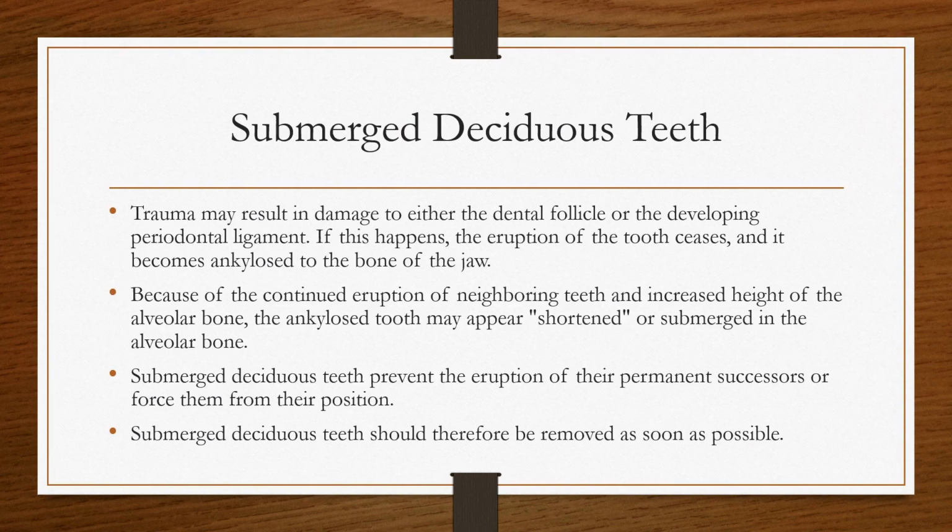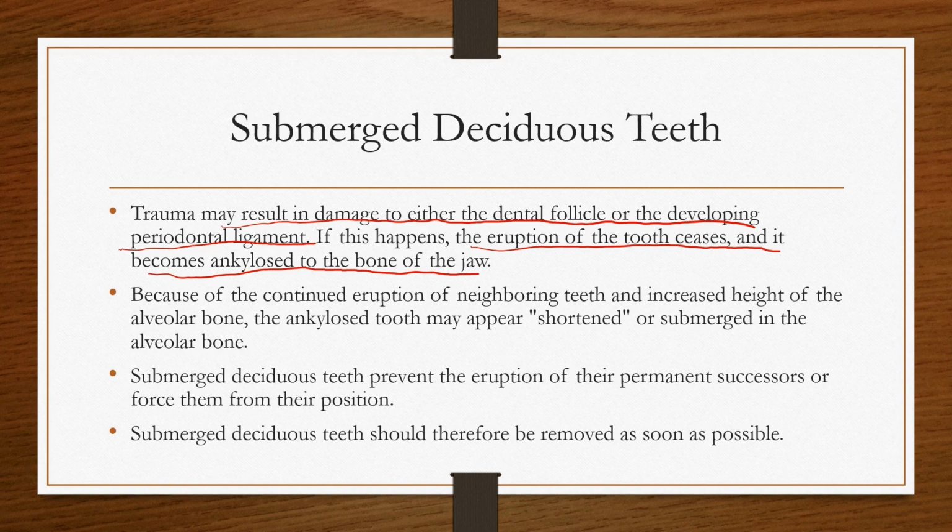Submerged deciduous teeth. Trauma may result in damage to either the dental follicle or the developing periodontal ligament. If this happens, the eruption of the tooth ceases and it becomes ankylosed to the bone of the jaw. So, what does it mean? When there is a trauma, you get hurt on your mouth, someone punched you. What will happen?